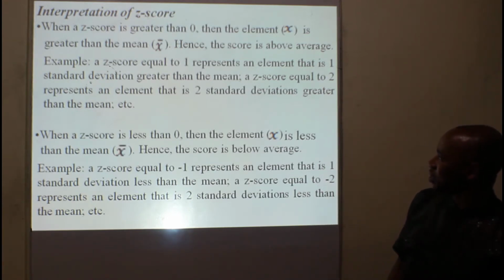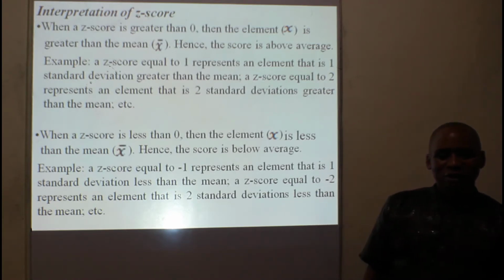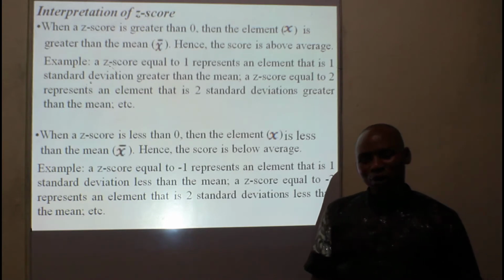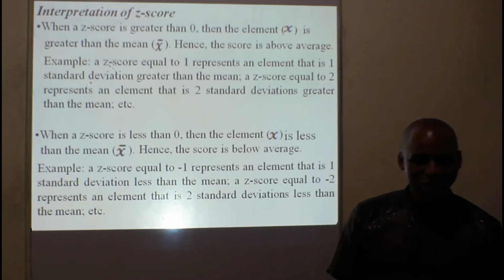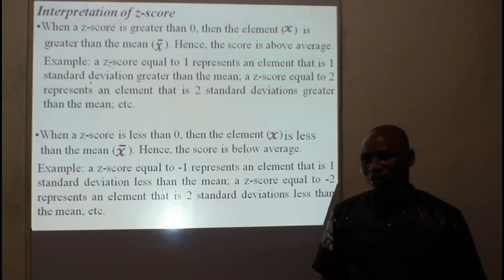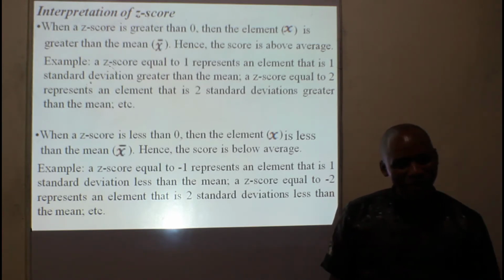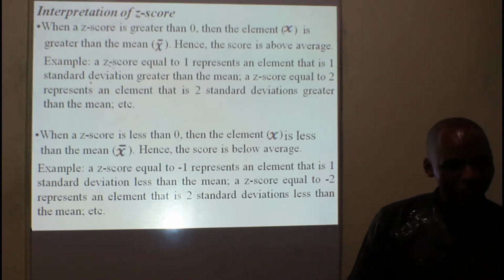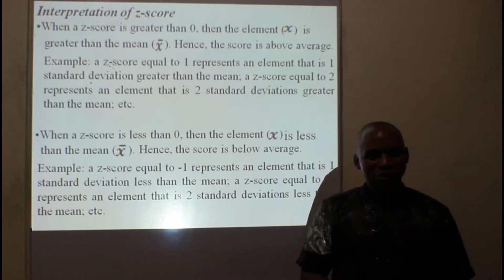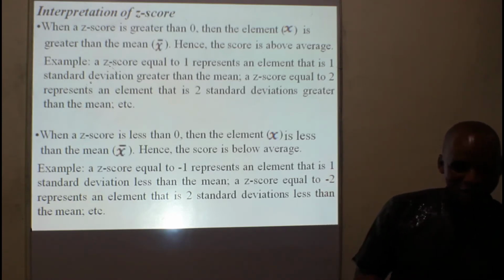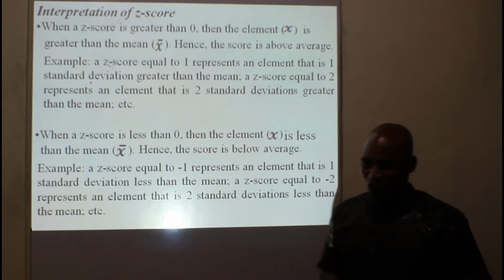What it means is that comparing the student score to the mean of the data set, it will be about 1 standard deviation from the mean. Meaning the student score is above average.